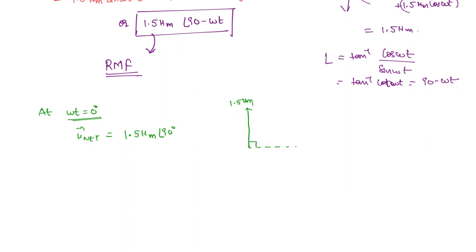Now what about at pi by 2? When t is equal to pi by 2 omega, at this time instant, H net is going to have 1.5 Hm as it is. 90 minus 90 will be 0 degrees. So that means it will now be in this direction. So 1.5 Hm bar, angle 0.